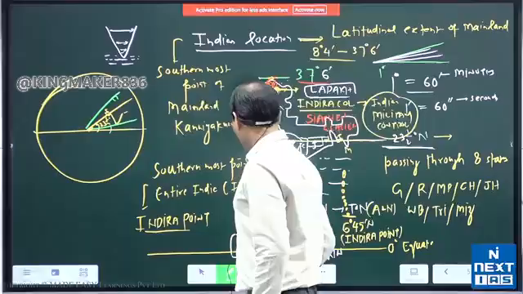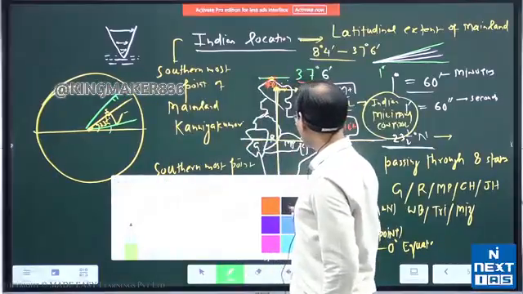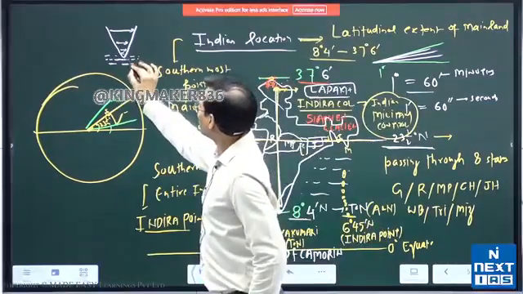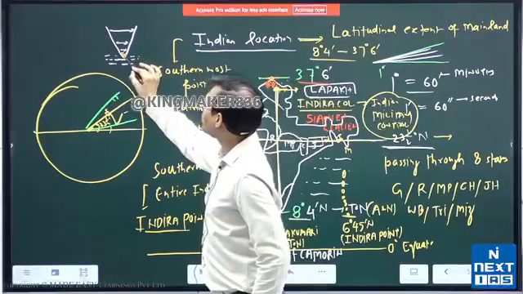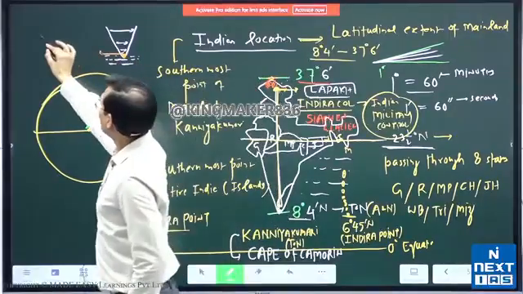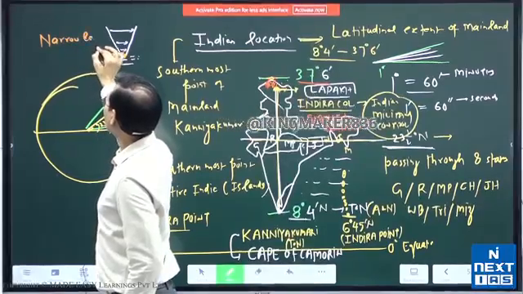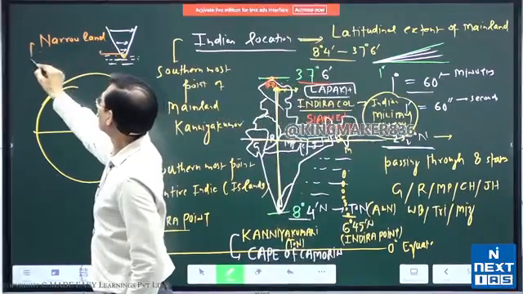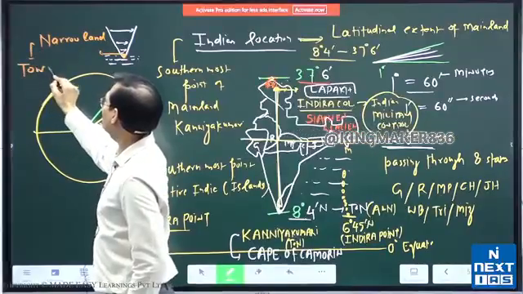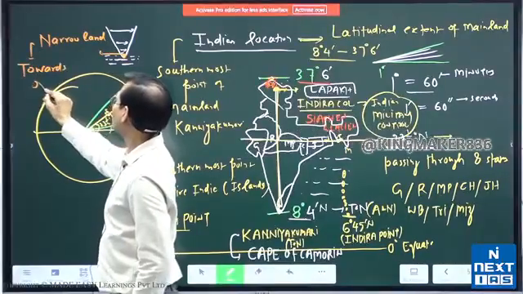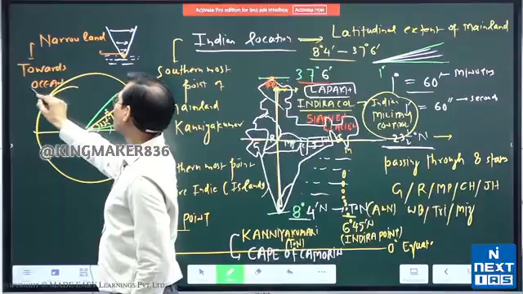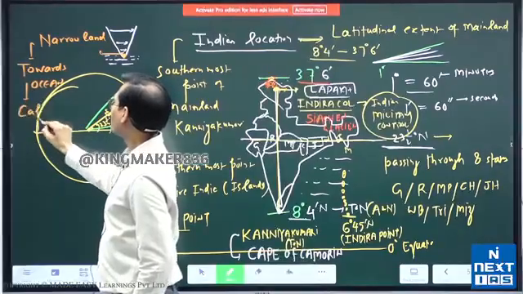This narrow land goes toward the ocean. So any narrow land that is penetrating toward the ocean, we call that a Cape.